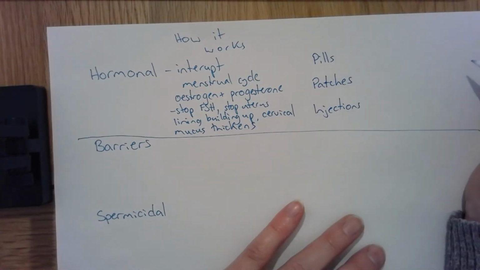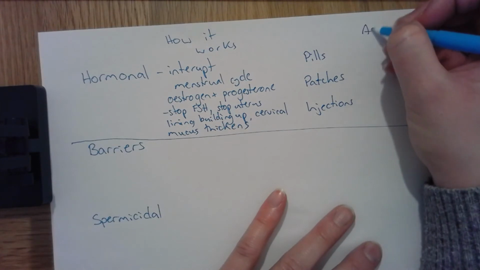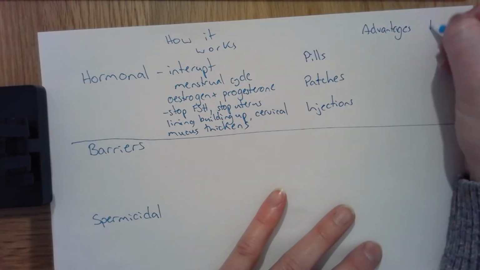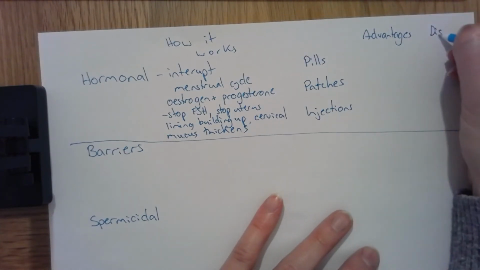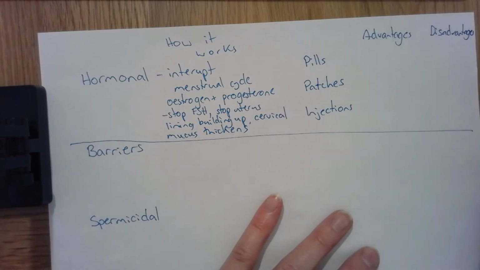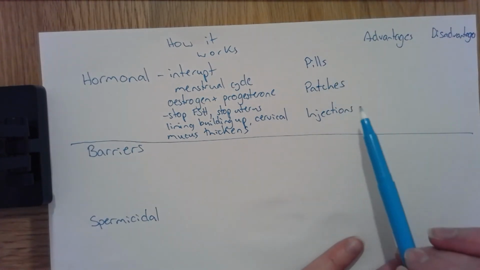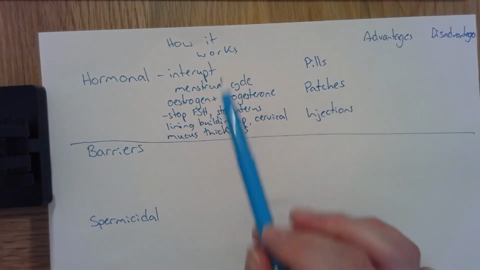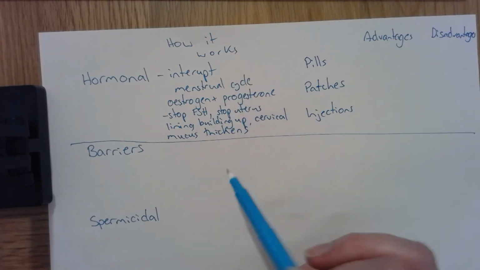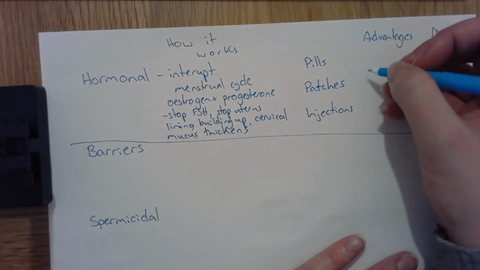They all have advantages and disadvantages. Because these three all work in the same way, they have some similarities in their advantages and disadvantages, in that they are all easy to use.